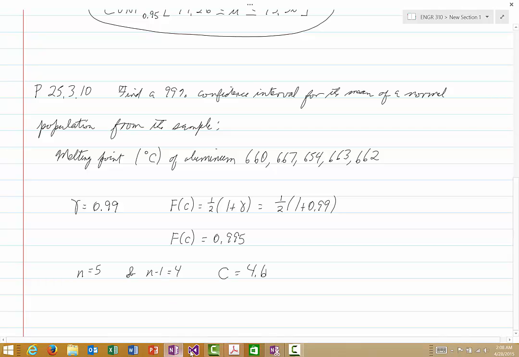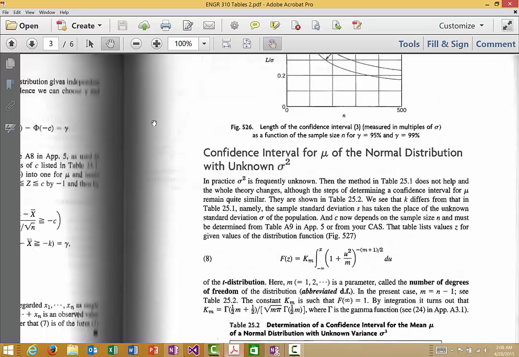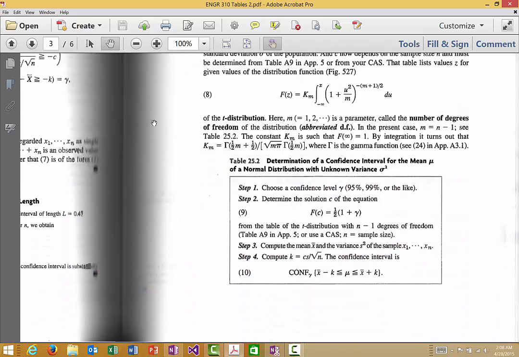Okay, now let's return to the table A2 to see the next step. Okay, so again, we've just completed step 2, where we looked at table A9 to find the C that satisfied this equation. And now step 3 is to compute the mean x bar and the variance s squared of the sample.